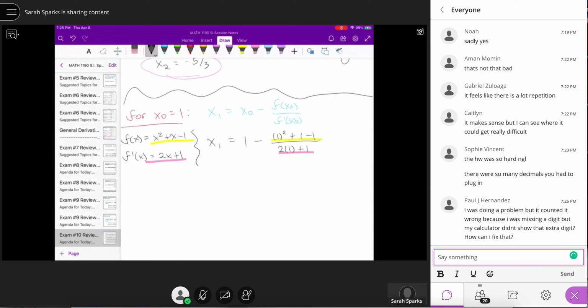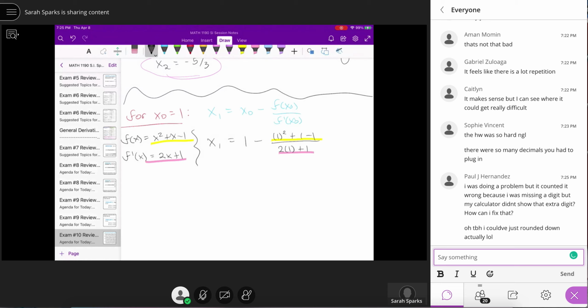I don't know how you could fix that problem other than using an online calculator. Obviously on the test, I don't think that he would count you wrong, because I know in the homework there's a lot of decimals. I think he's going to try and give you one where it's going to end up as a fraction. I would think so, at least, knowing Dr. Norring. But if not, then he would just tell you to write the decimal to a certain place, like the 5th or 6th place, which your calculator should go to. Yeah.